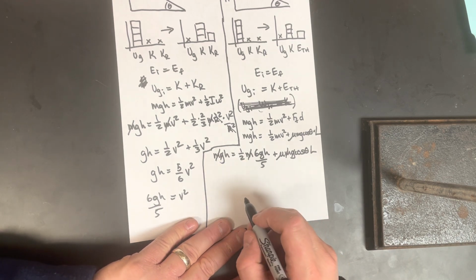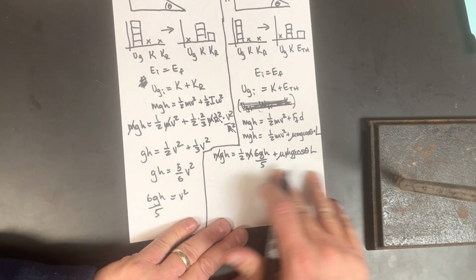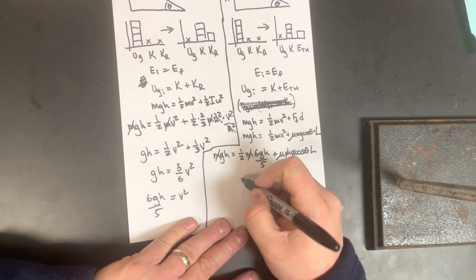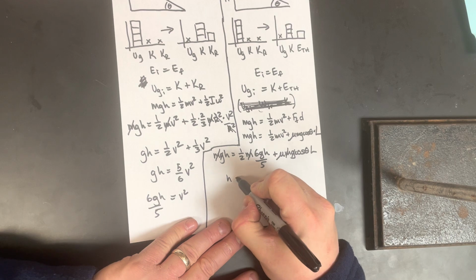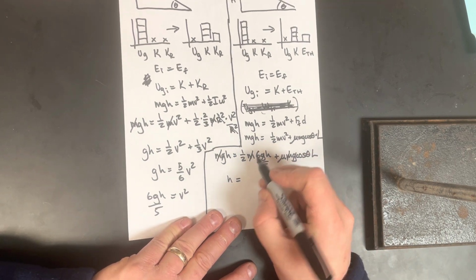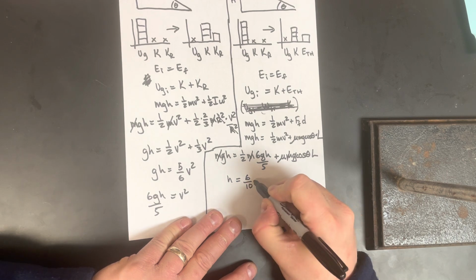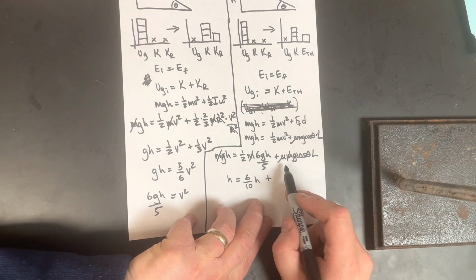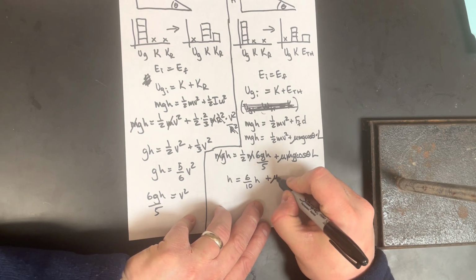So writing my cleaned up and canceled out version here, the only thing left on the left side of the equation is an h. The first term I have 1/2 and 6/5, so we said that's going to make 6/10 times h. And then my second term I have mu cosine theta L that's left.